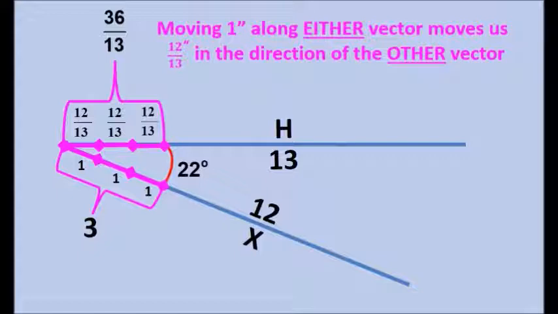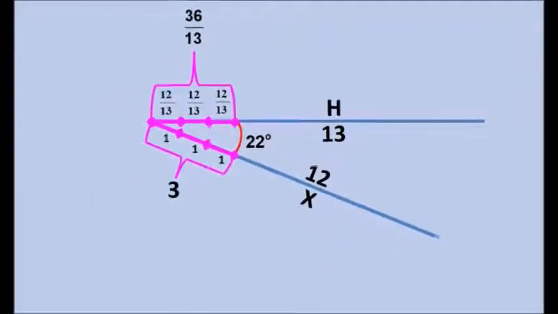So, for the big question, if we move the full 12 inches along the x length, how many inches have we moved in the h direction at the same time? We've already discussed what happens if we move 1 inch or 3 inches in the x direction. We just have to extend the pattern a bit. Pause if needed.